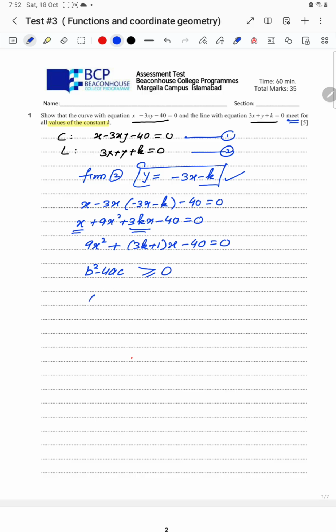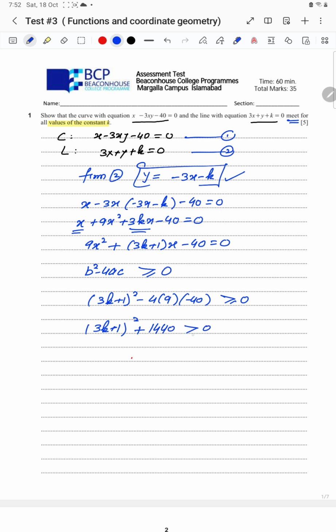Here we can see (3k plus 1) whole square minus 4 times a times c is greater than or equal to 0. We can say (3k plus 1) whole square plus 1440.